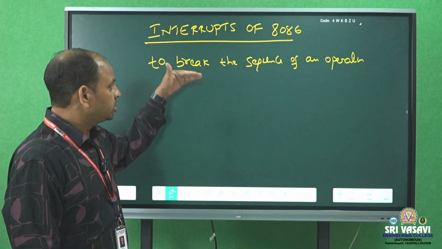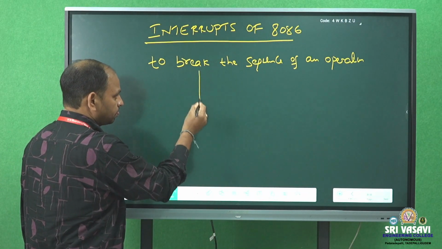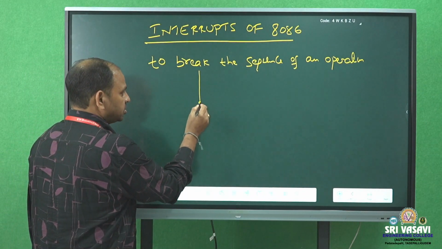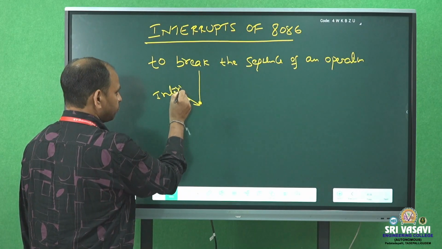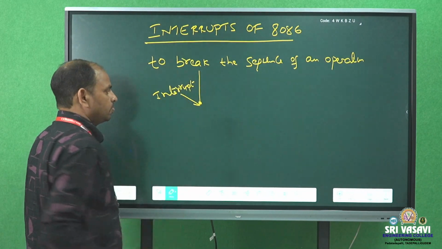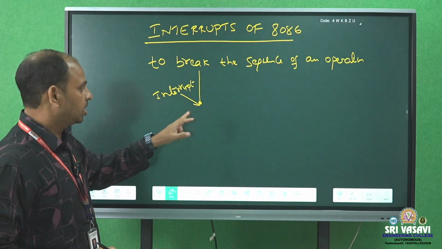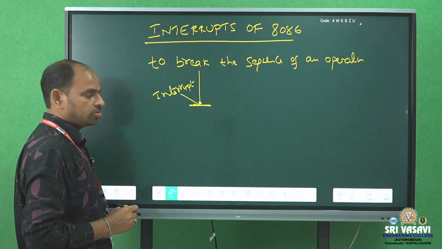That means whenever the microprocessor is executing the main program, if any interrupt comes, then the microprocessor stops executing the current program.